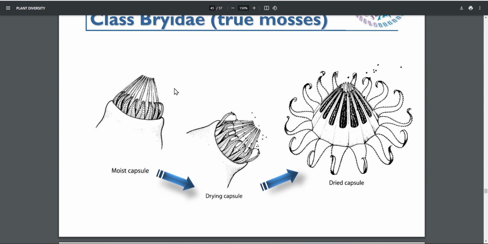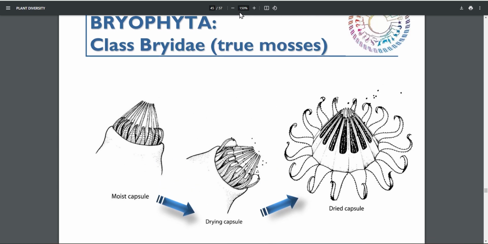And this is how the spores are spread. At first, when the capsule is moist, it's closed off, and when it starts to dry, it starts to open, curves and opens, and kind of springs out some of the spores. And at the very end, when it's fully dried, it opens fully, and spores would either be flung out. I think Cleve said they would be flung out, but in this case, they might be carried by the wind as well.